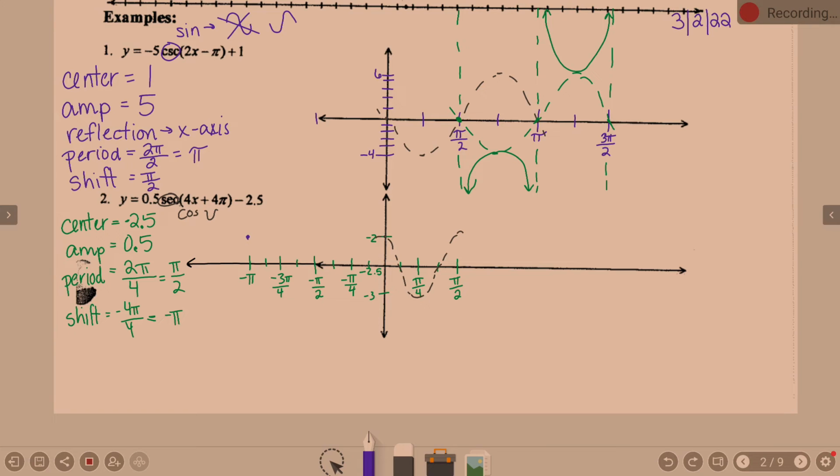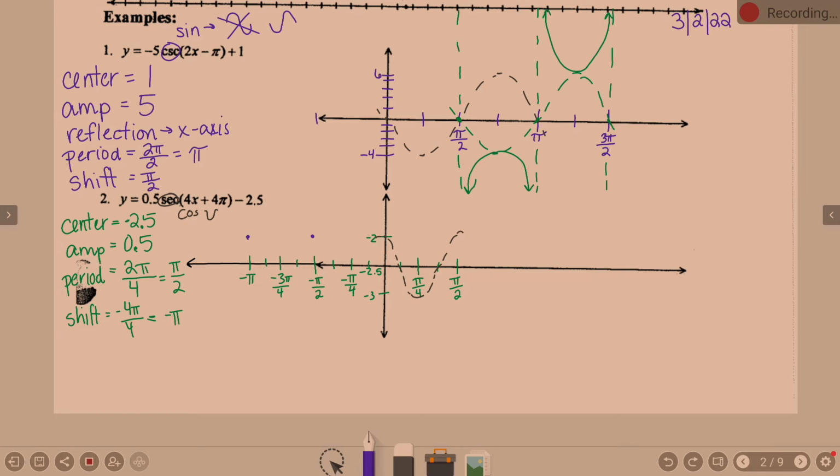So we're going to start up there above negative pi. I ended at pi over 2 here. So where am I going to end when I move that right or left pi? I'm going to end above negative pi over 2. So those 2 dots I put in there, those are my starting and ending points, if you will.